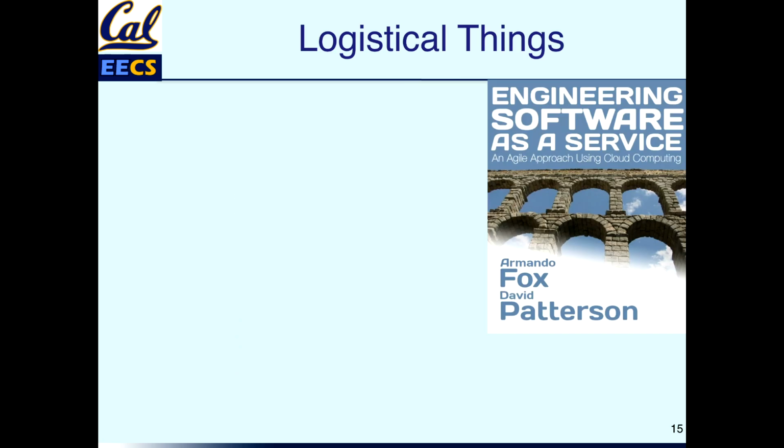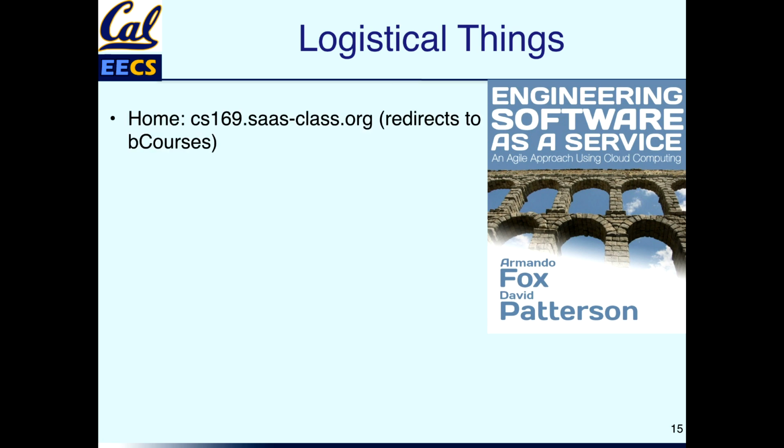So this is our book, Software Engineering as a Service. It is available online. You can get the ebook version, you can get a physical version. It is about $10. And if for whatever reason you have a financial hardship, let me know and we can get you a copy.